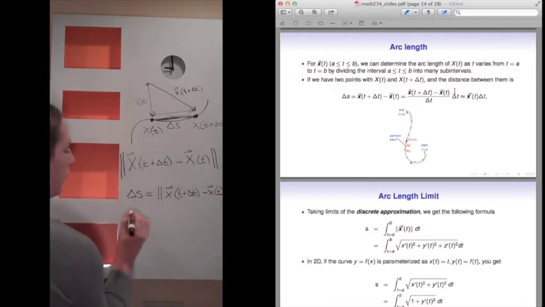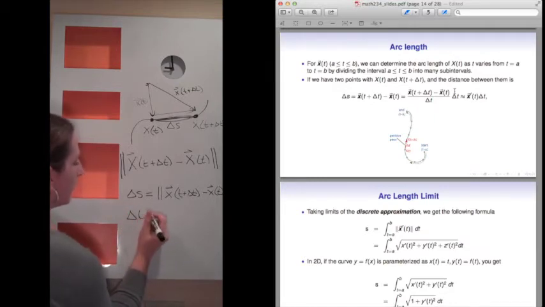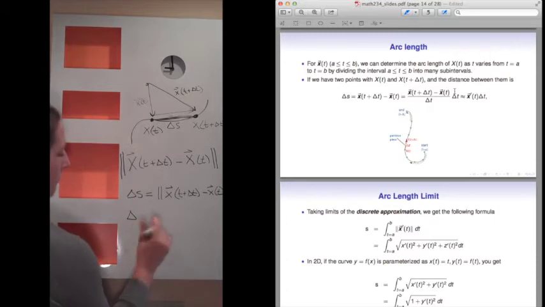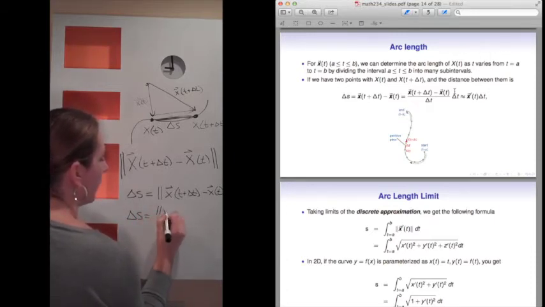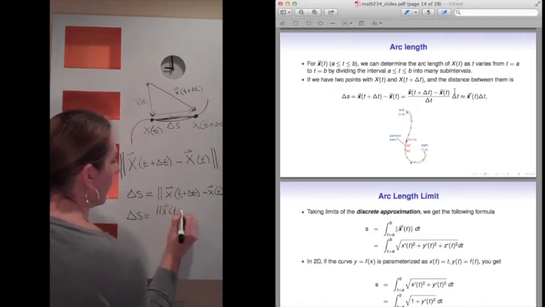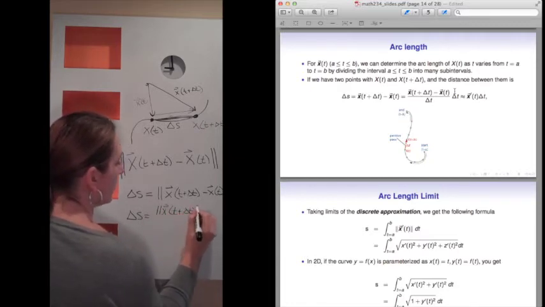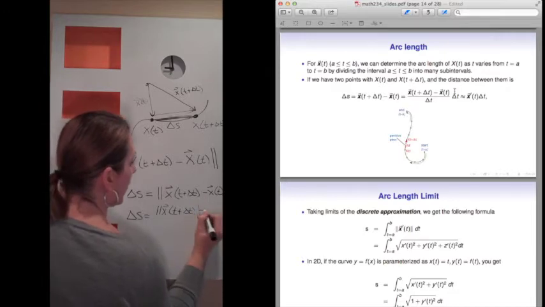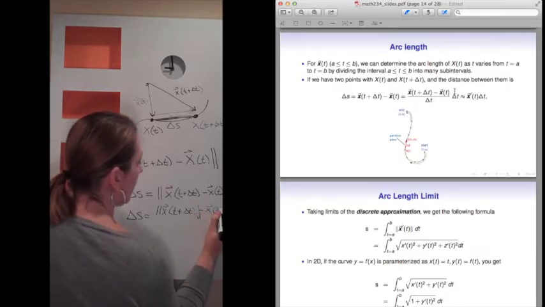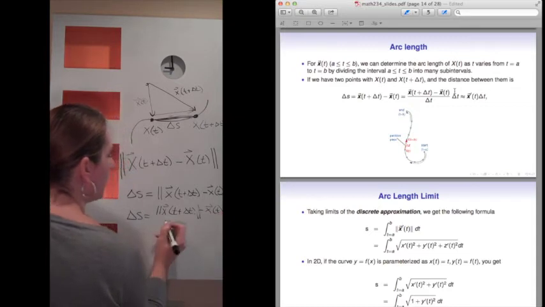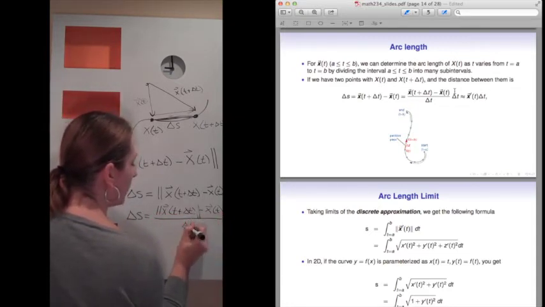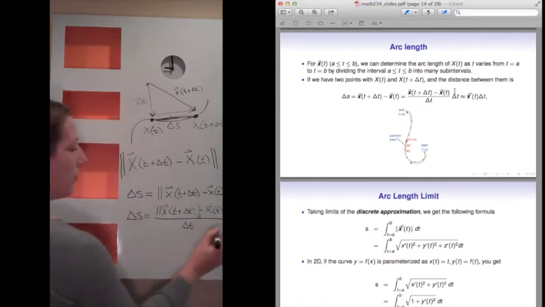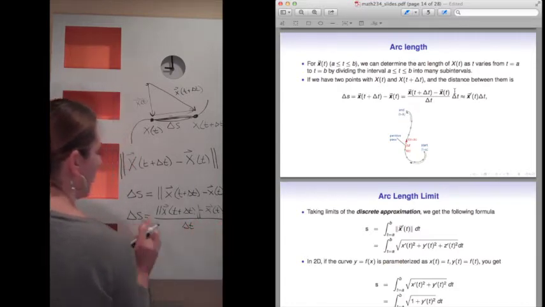Right? So notice that I can rewrite this as the length of x of t plus delta t minus x of t, and now I'm going to multiply and divide. So I'm going to divide by a delta t, and then I'm going to multiply by another delta t.